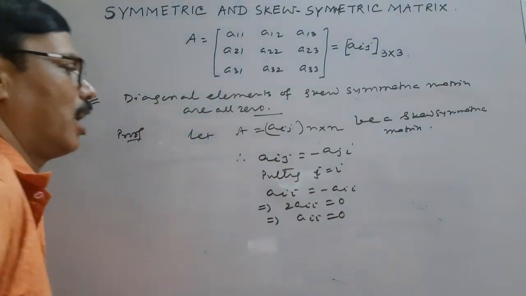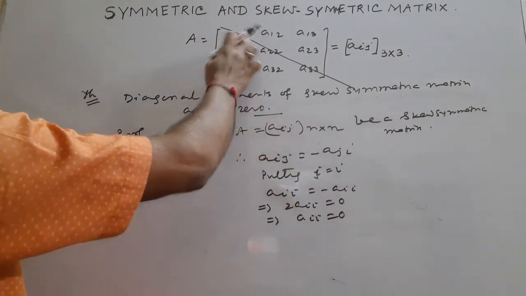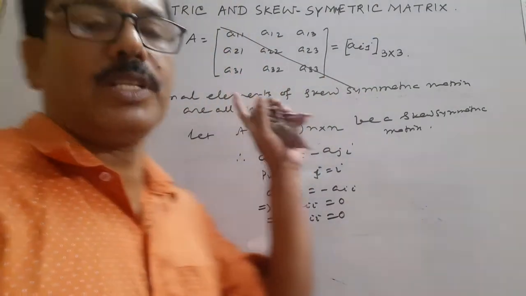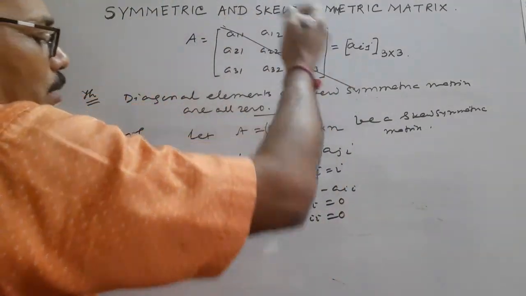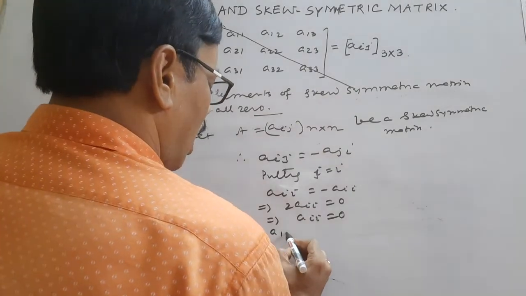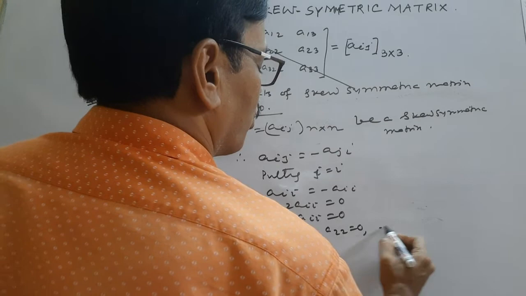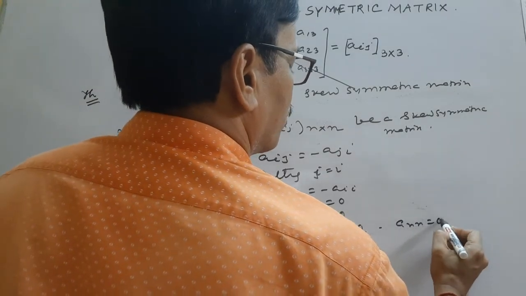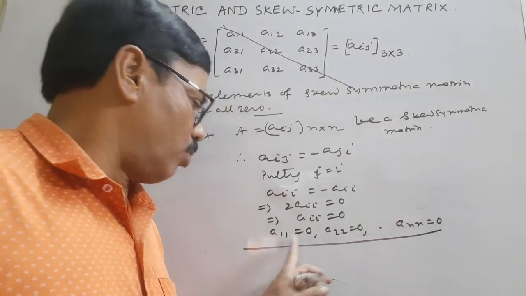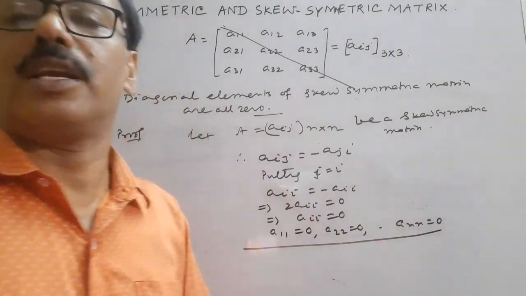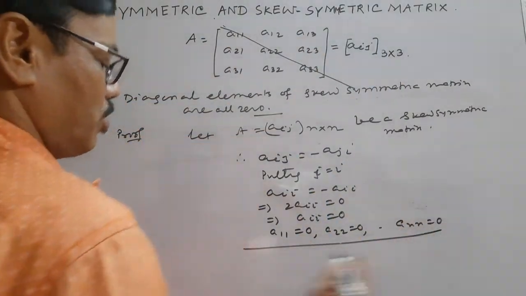Aii is the diagonal, where i equals to j. Elements for which i equals to j are diagonal elements. So putting i equals to 1, A11 is 0, i equals to 2, A22 is 0, and Ann equals to 0. So A11, A22, Ann equal to 0. They are diagonal elements, i equals to j.